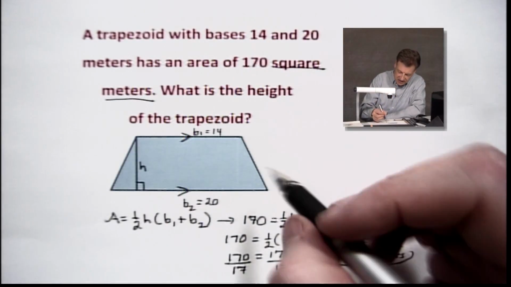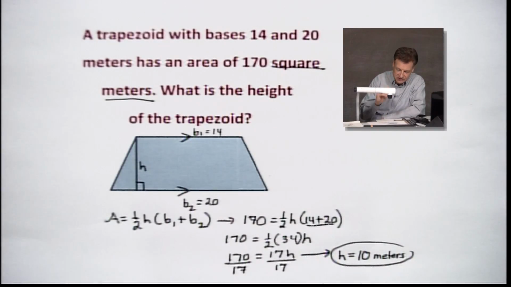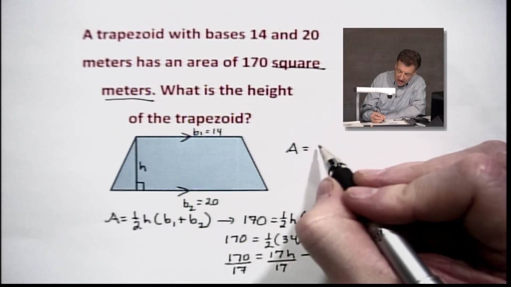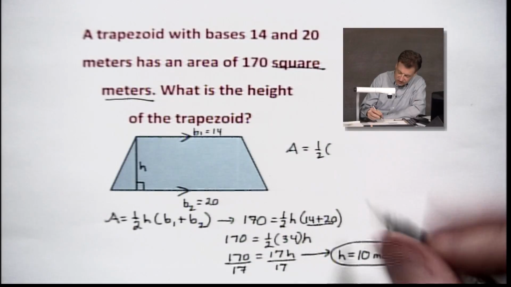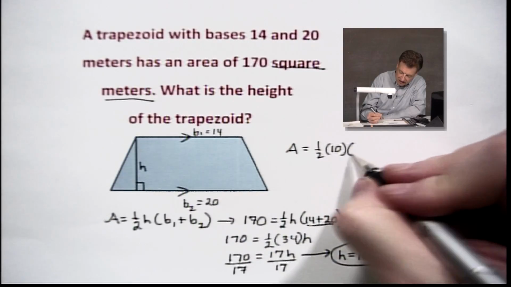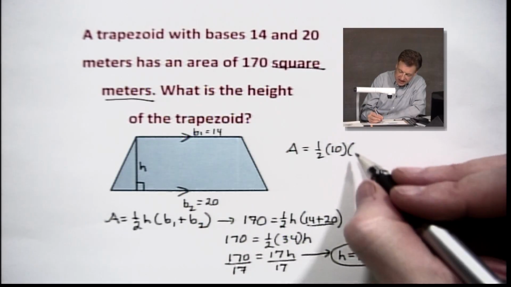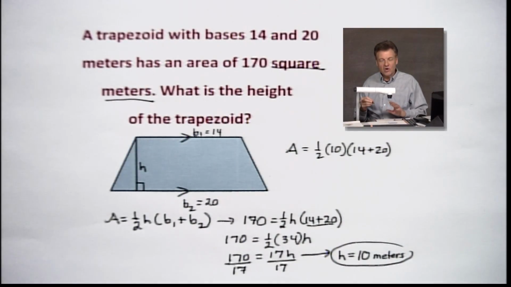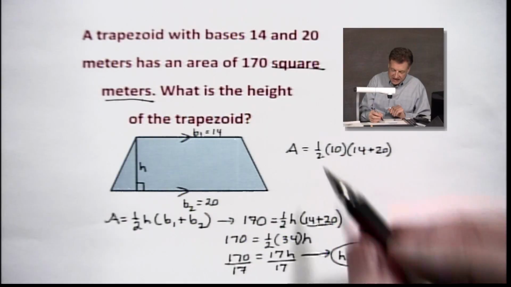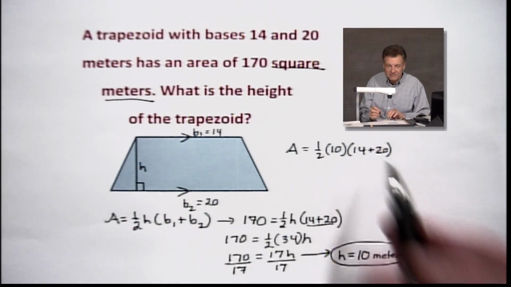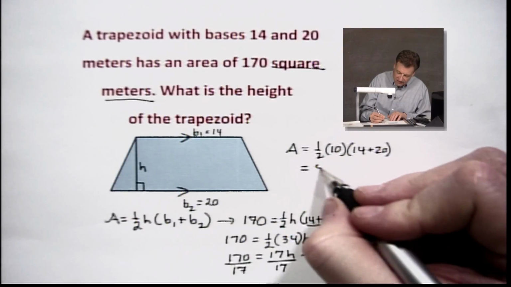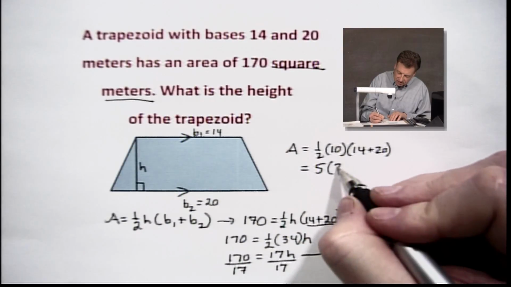Let's check and see, does this answer make sense? Back to the formula. The area equals 1/2 of, we'll say 10, and we've got what? 14 plus your 20. And I'm going to do both things again. I'm going to go ahead and take 1/2 of 10. Why not? And I'm going to add 14 and 20. We did it before. Let's do it again. So we got 5 times 34.